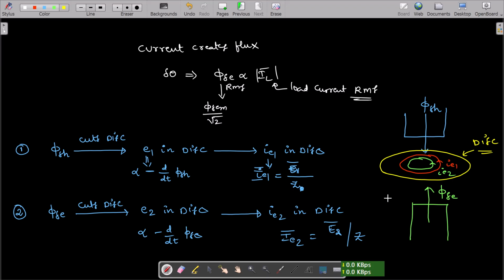Now here we will apply the Lorentz force equation or motoring principle. That is, whenever a current carrying conductor is placed in a magnetic field, it experiences force. Now we are going to have here the two fluxes and two currents on the disk.